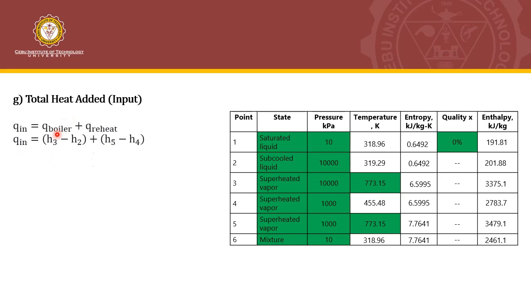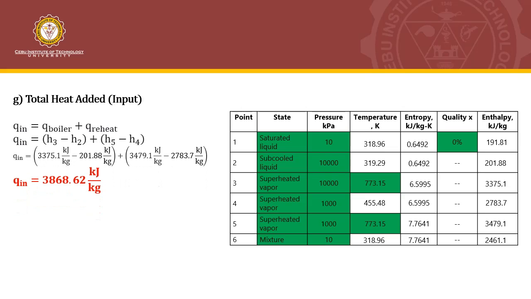For the boiler, it is simply h3 minus h2, the difference between the enthalpies at the outlet and the inlet of the boiler. For the reheating, that is h5 minus h4, the difference of the enthalpies at the outlet and the inlet of the reheater. Substituting the values from the table, we can get the total heat added, and that is 3,868.62 kilojoules per kilogram.